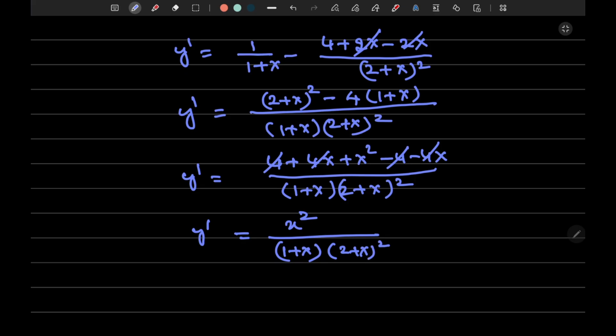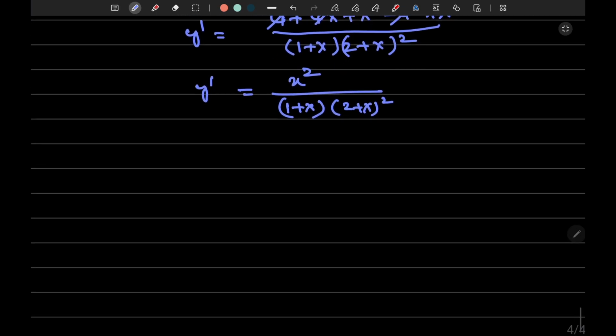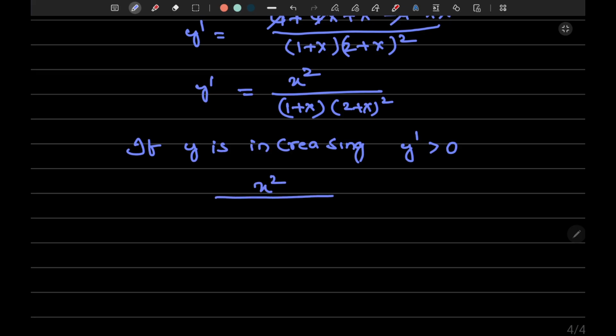Till here it is okay, fine. Then they said, show that it is an increasing function. If y, or f of x, is increasing, f dash of x is greater than 0, y dash is greater than 0, means x square by 1 plus x into 2 plus x whole square must be greater than 0.